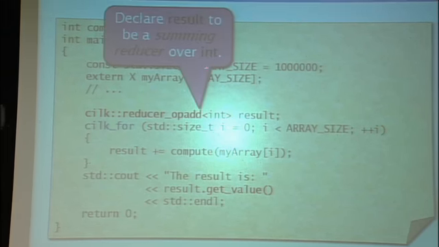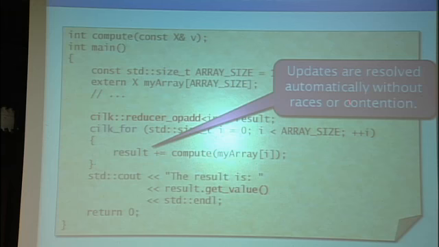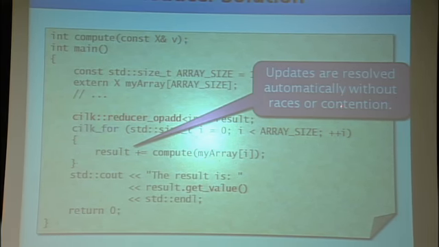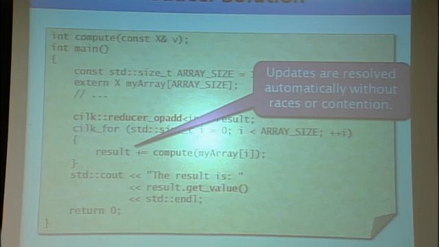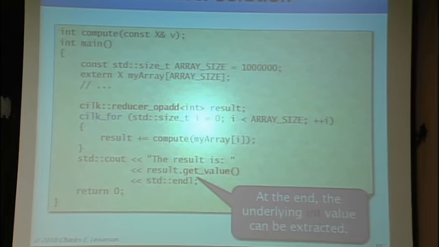So let me show you a little bit more of what's going on in this situation. The first thing here is we're saying result is a summing reducer over ints. The updates are resolved automatically without races or contention, because they're basically keeping local values and combining them. And then at the end, you can get the underlying value.